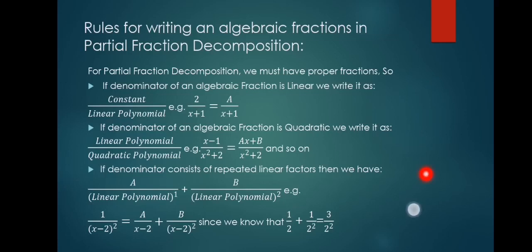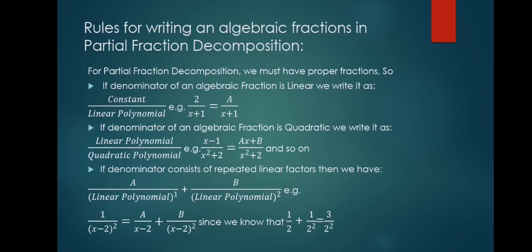Since we know that in a proper fraction the degree of the numerator must be less than the degree of the denominator, if we have a linear polynomial in the denominator, obviously in the numerator we must have an expression with lower degree, and we know that the lower degree polynomial than a linear polynomial is the constant one.